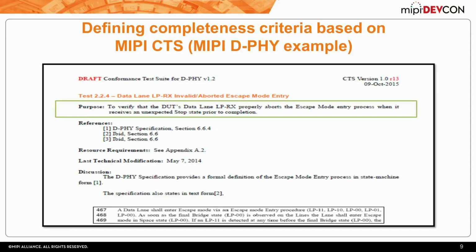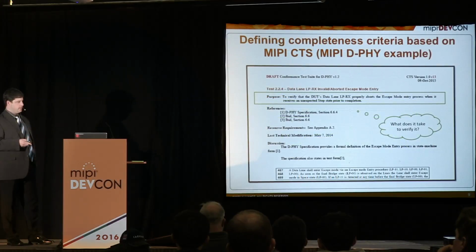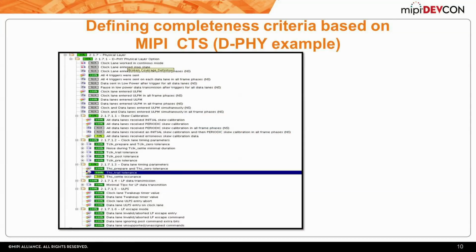So we look at the purpose, and then we try to understand what does it take to verify that? What type of behavior we want to observe to know that this test passed or not. And then we add it to our verification plan and coverage model.